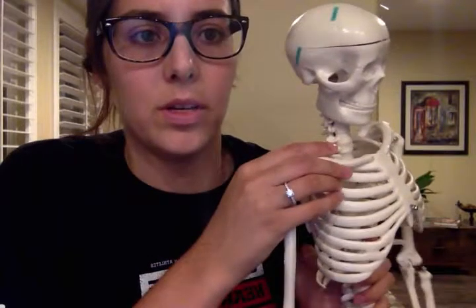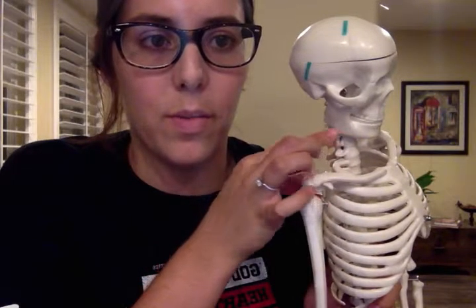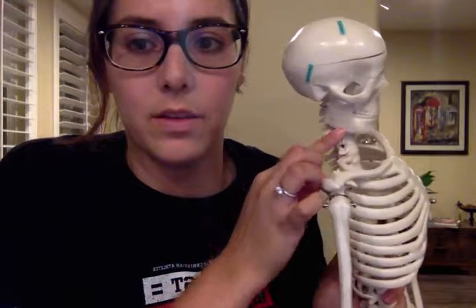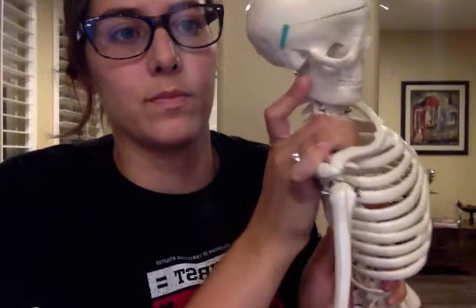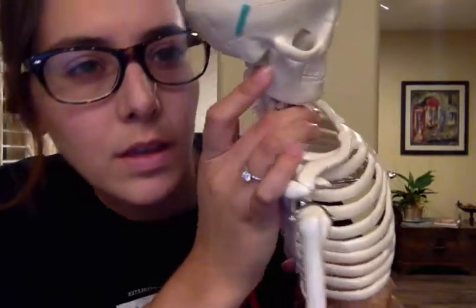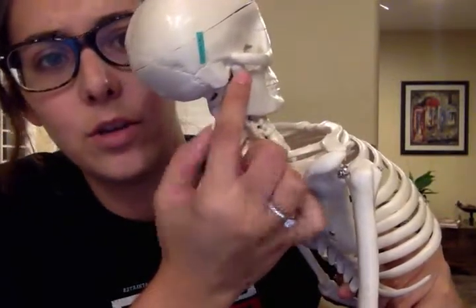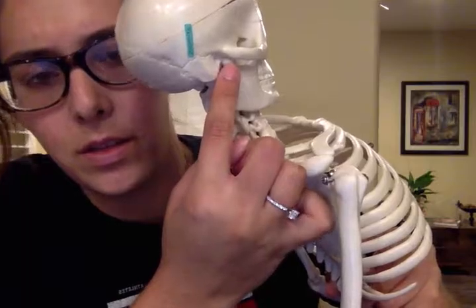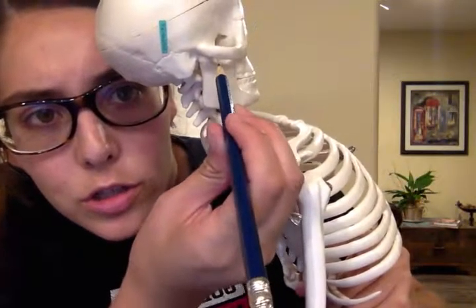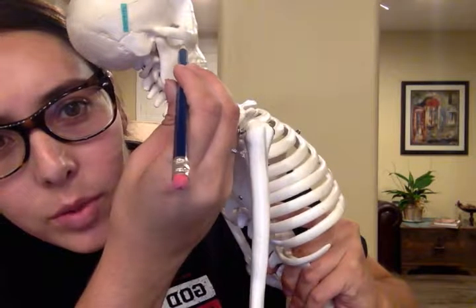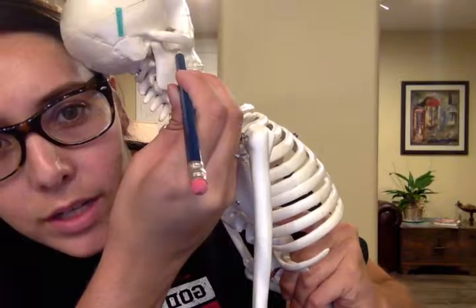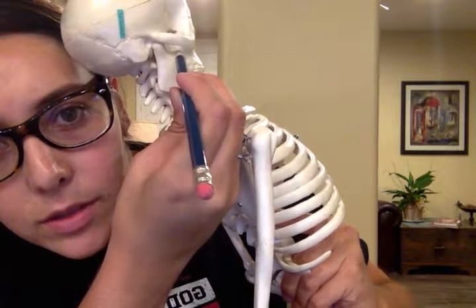The mandible is here, and we have the body, the angle, the ramus, the mandibular condyle, the mandibular notch here, and the coronoid process, which is right here, this piece.